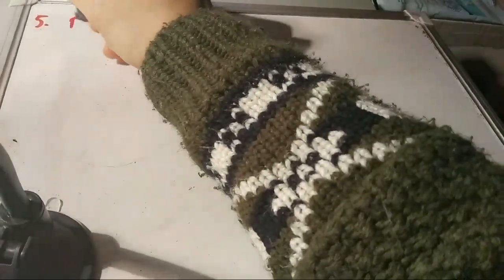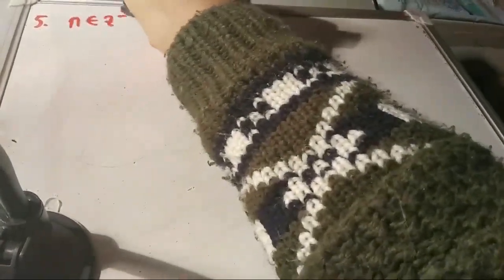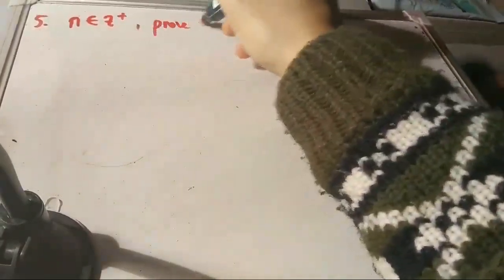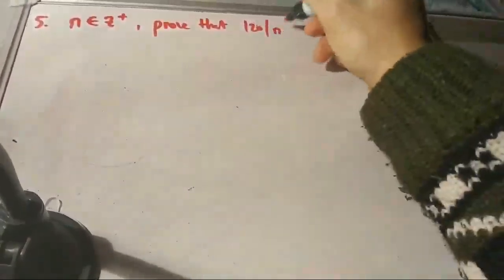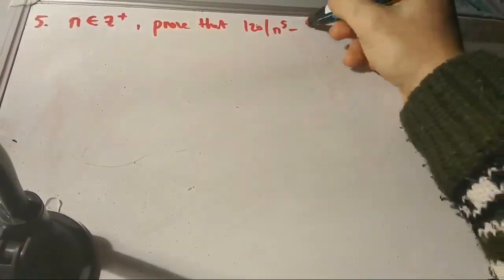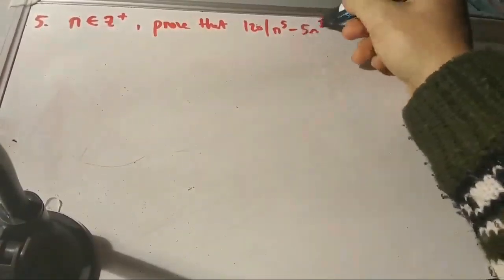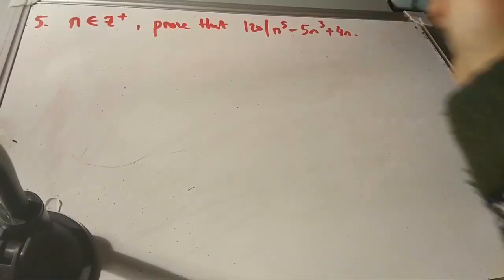If n is an element of the positive integers, prove that 120 divides n to the power of 5 minus 5n cubed plus 4n.